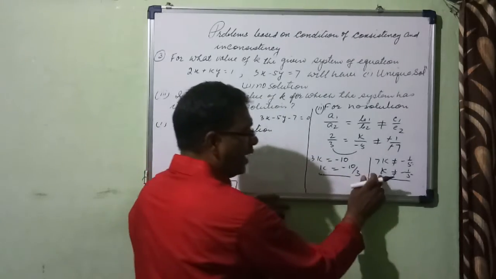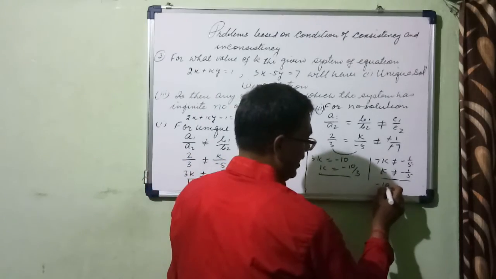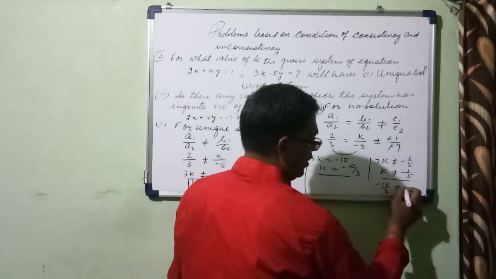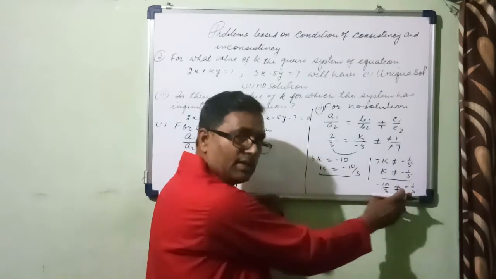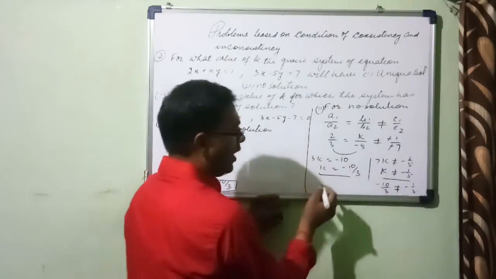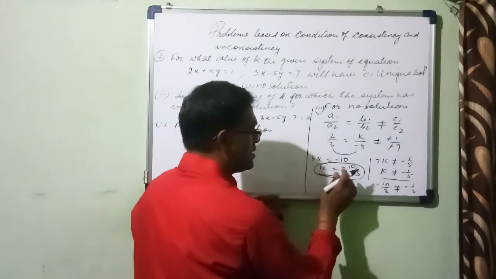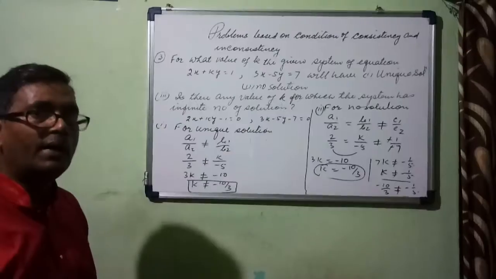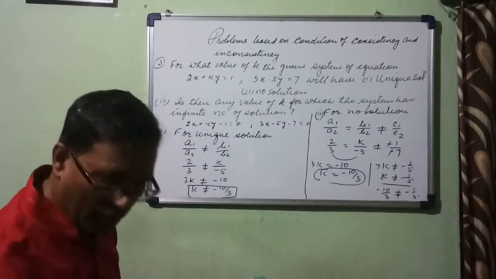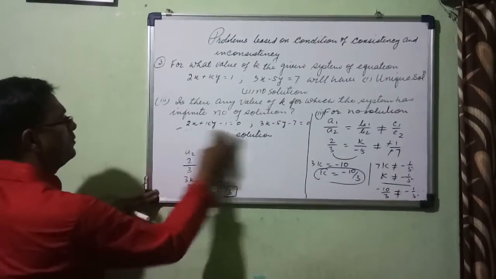So if you put k as minus 10 by 3, is it not equal to minus 1 by 5? Is it true or not? Yes, it is true. That is why, what is the value of k? The value of k is equal to minus 10 by 3.